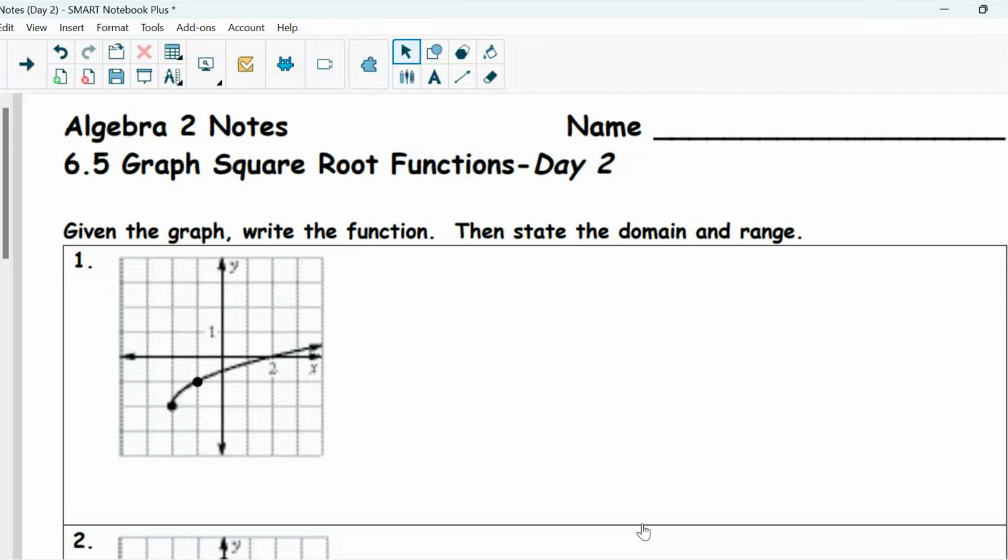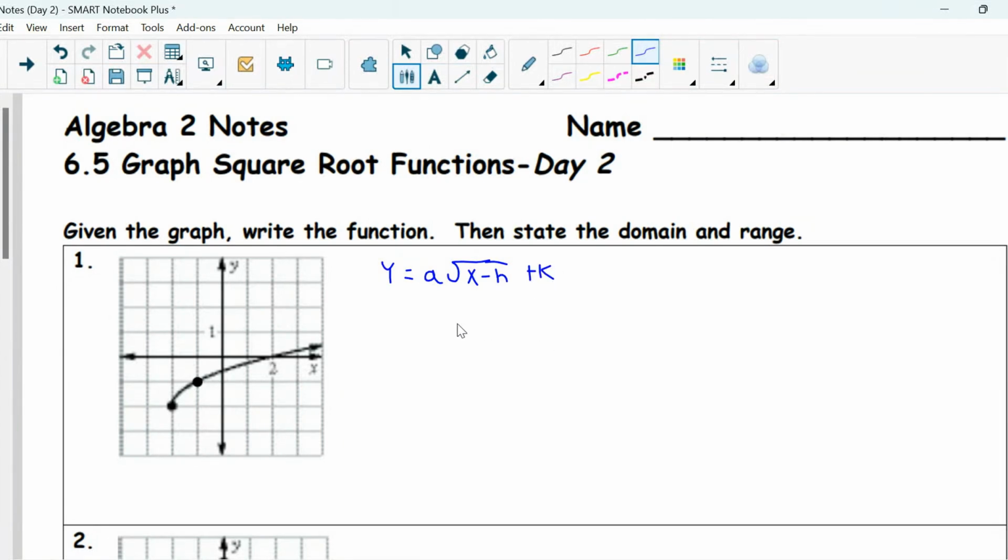Looking at more graphs of square root functions. So looking back to day one, we looked at the general form for a square root function as y equals a times the square root of x minus h plus k.